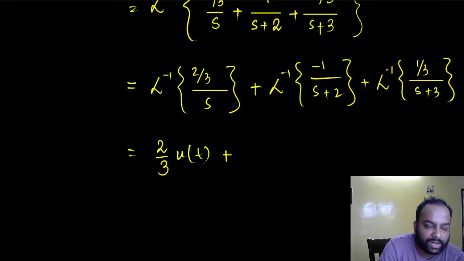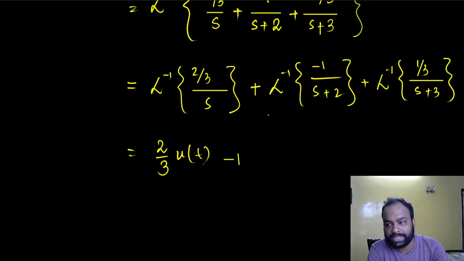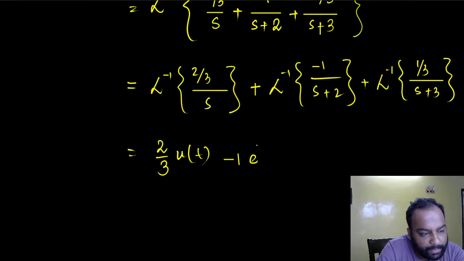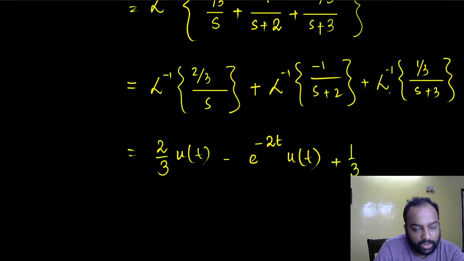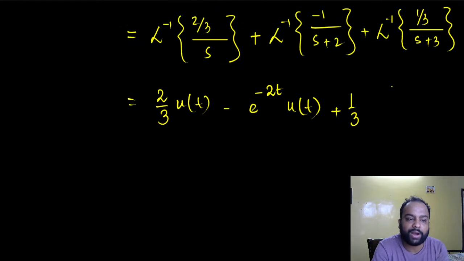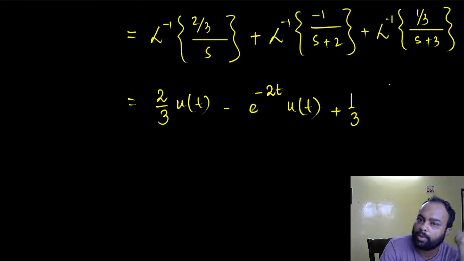So again the minus 1 can go outside, so we are left with the inverse Laplace transform of 1 by s plus 2. But what is that signal for which the Laplace transform is 1 by s plus 2? That's going to be e to the power minus 2t u(t), right? So instead of writing minus 1, just put a minus sign, and plus 1 by 3. We are left with the inverse Laplace transform of 1 by s plus 3, which is going to be e to the power minus 3t u(t).